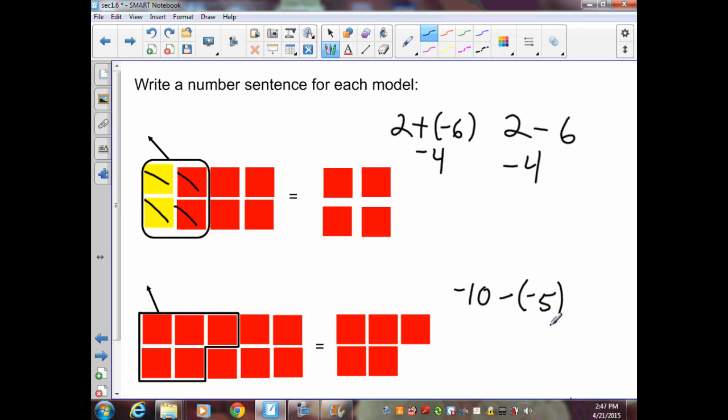And now notice, I have a total of negative 10 blocks. In that situation, I can subtract out a negative 5 blocks because I have that many blocks to take away. And when I take away negative 5 blocks from negative 10 blocks, I'm left with negative 5 blocks. Another way of saying this is a negative 10 plus 5.